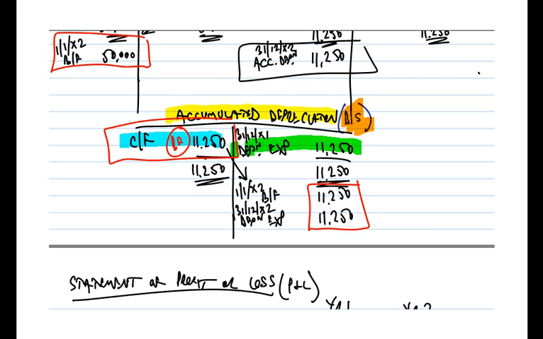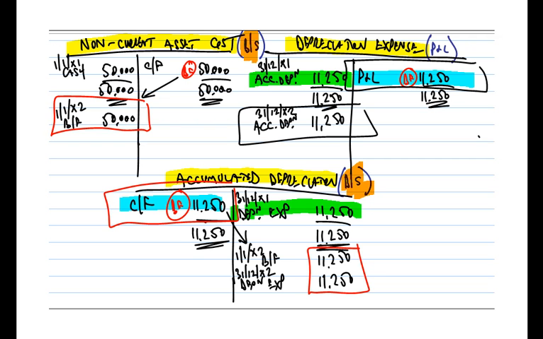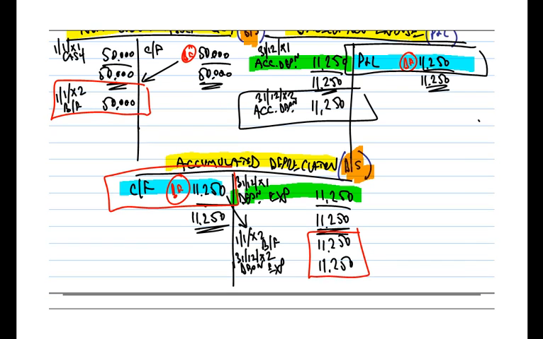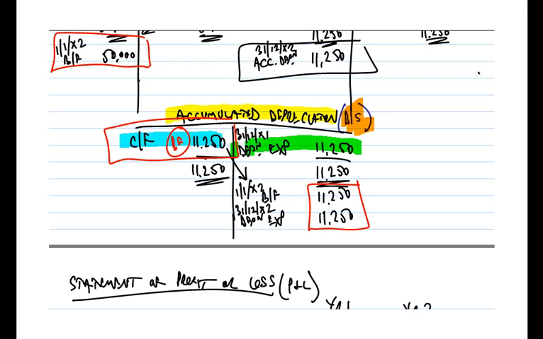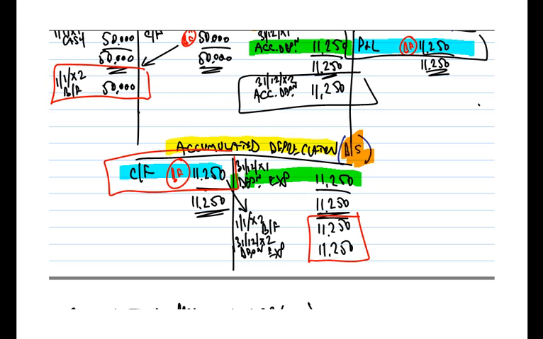On the P&L, the balancing figure gets cleared off and you start from zero again, but with the balance sheet you carry it down. This is why it's called accumulated depreciation, because we've already got 11,250 from the first year. We're now adding on another 11,250 for the second year. So that's the double entry now posted for year 2. We've got debit the expense, credit the accumulated depreciation.